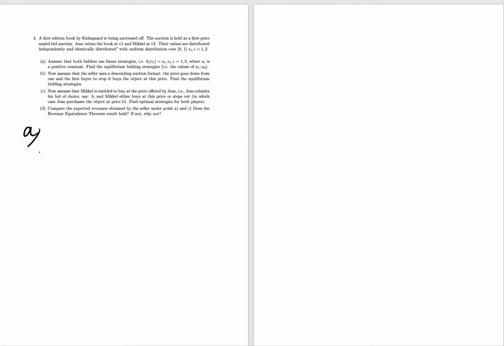So essentially we're looking for some kind of strategy which says that for player 1, his strategy will be his evaluation times some factor. And this factor is what we're going to be finding.